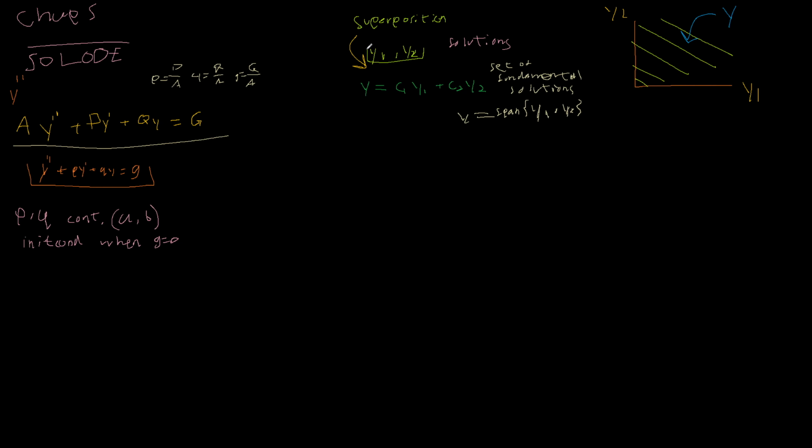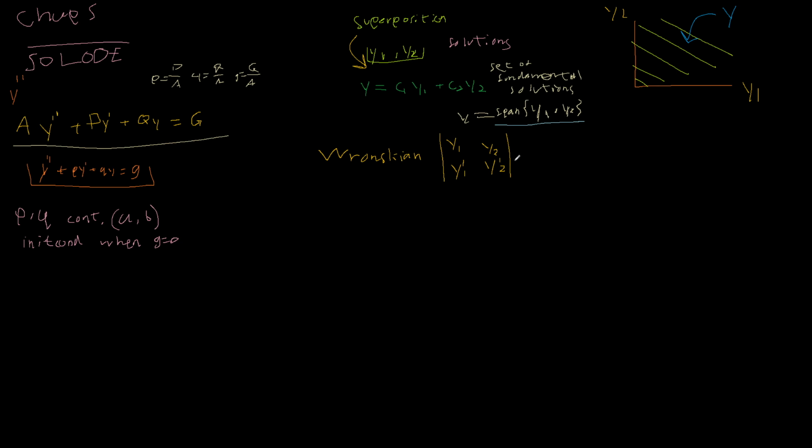So basically this depends on whether or not y1 and y2 are linearly independent. How can we determine that? We check the determinant. Is the determinant non-zero? This is called the Wronskian of our fundamental solutions, and it's going to look like y1, y prime of 1, y2, y prime of 2.